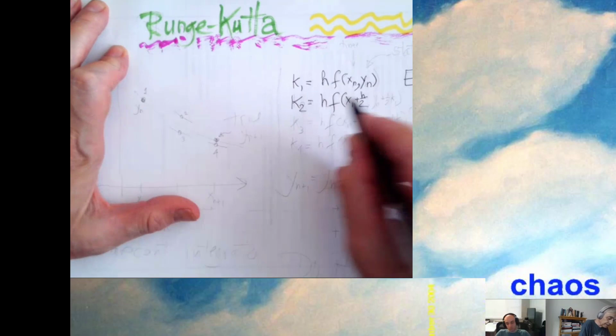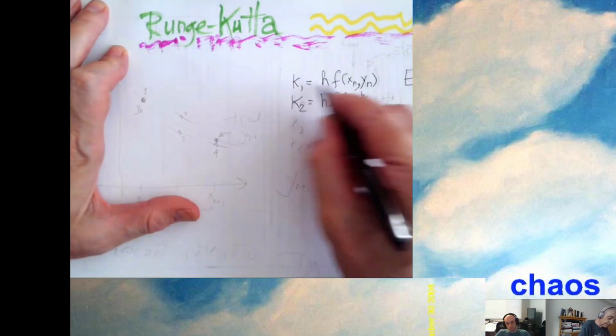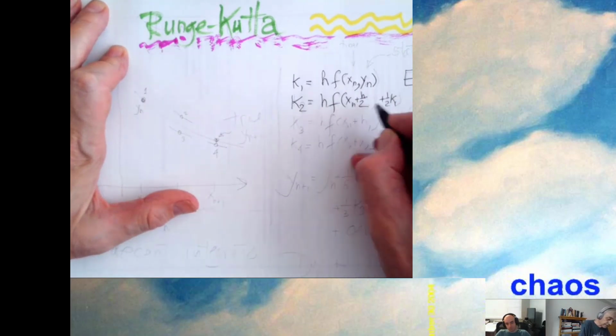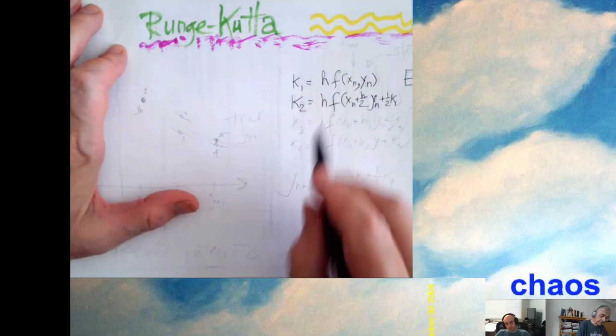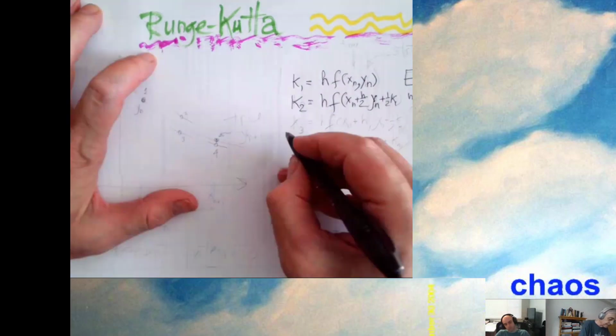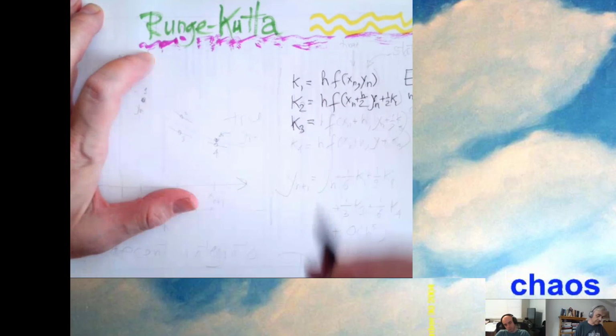When I looked at the slope or the value of the function, I used that to start evaluating my velocity again. That's called midpoint. But then, can I add a new evaluation?